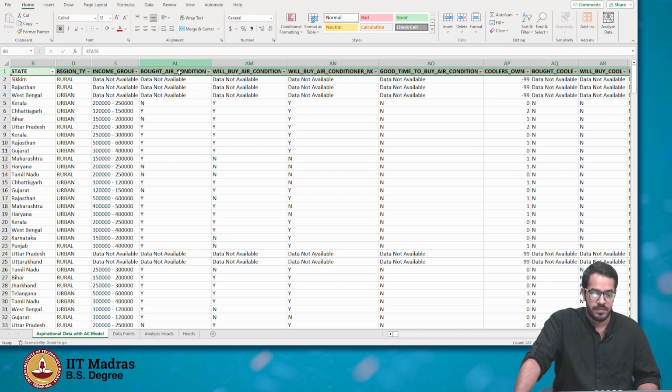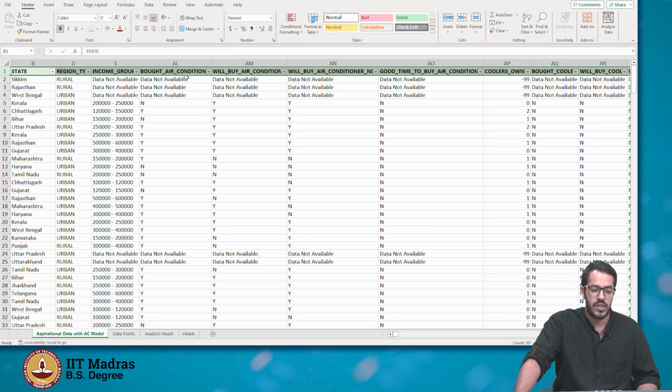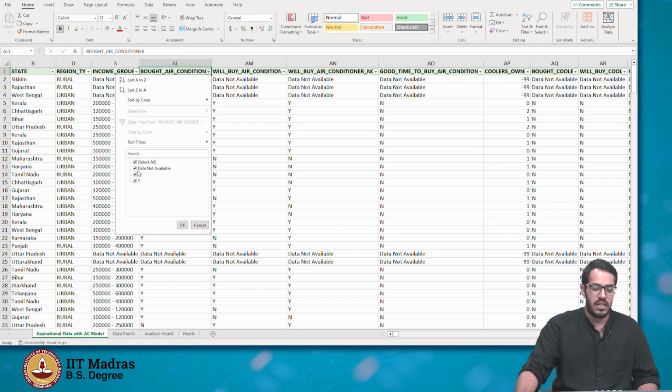Okay. Now, to figure out how many people have responded to the questions related to air conditioners, we will click here. If you can see on the formula bar, there is bought air conditioner as a data point. And here we can see that there is select all, everything is selected.